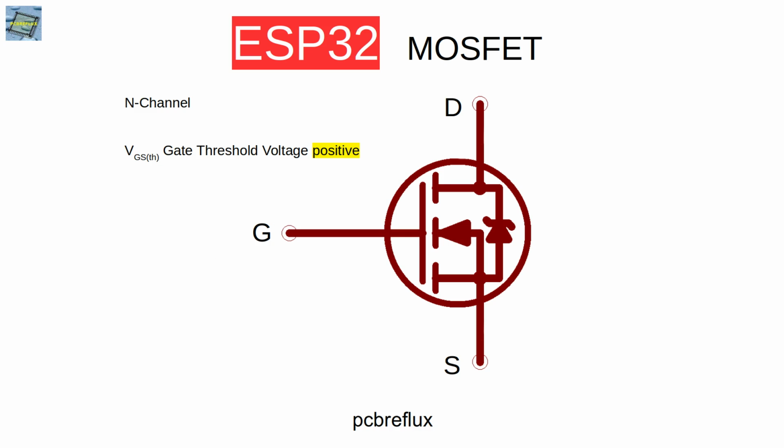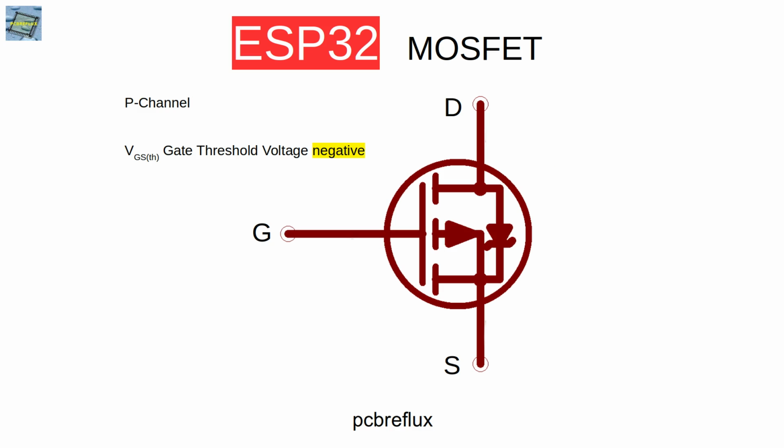In the enhancement mode, we have two main types of MOSFETs. The N-channel MOSFET has a positive gate threshold voltage and a relatively low on resistance. In the schematic, the arrow is pointing towards the gate, and we have an intrinsic body diode where the cathode is connected to the drain of the MOSFET.